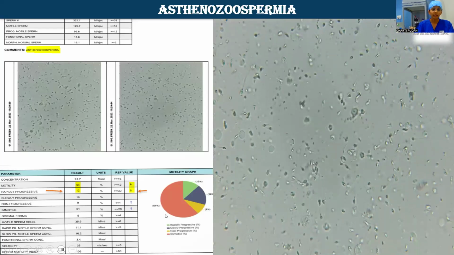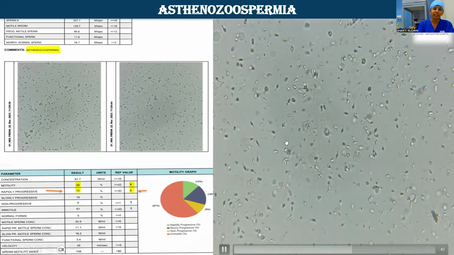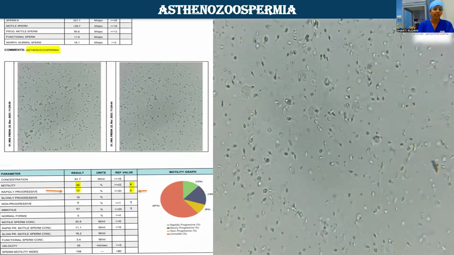Although sperm may be present in adequate number, poor motility limits their ability to reach and fertilize the oocyte, often making assisted reproduction necessary.